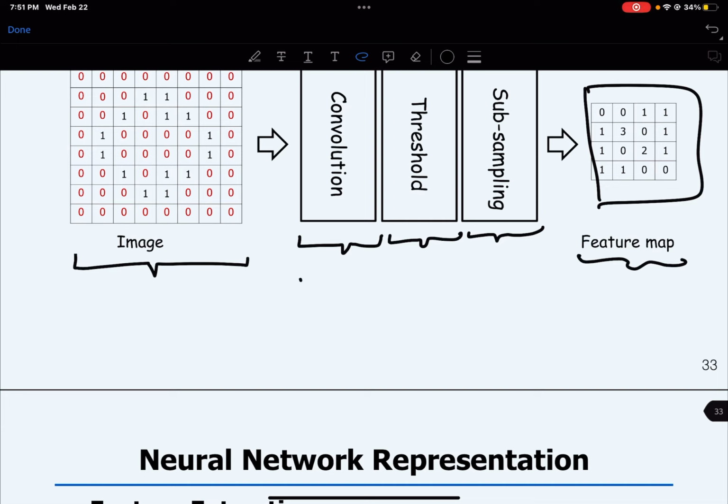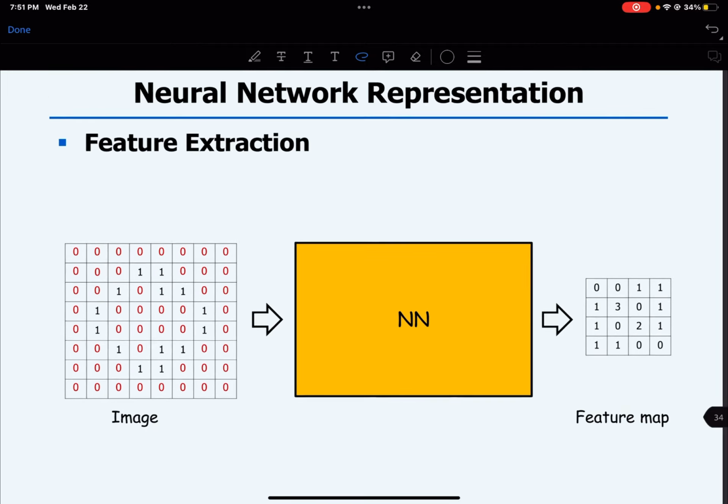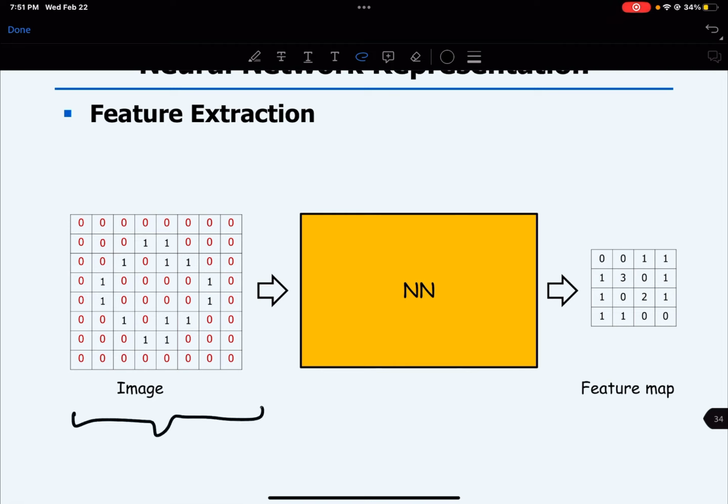So we can say that this is your input, this is your network, and this is your intermediate output. So for the input, we have a neural network to obtain our feature map.